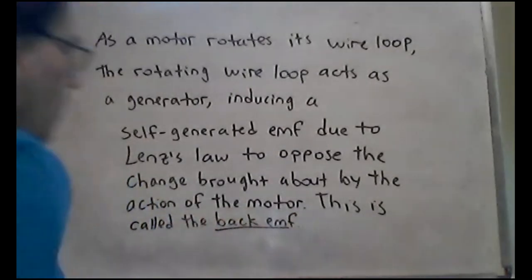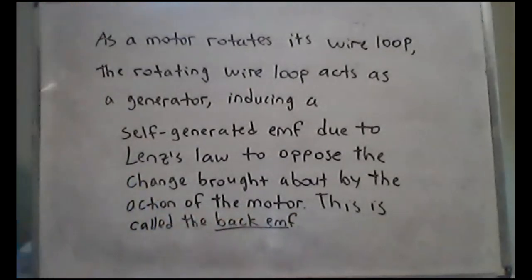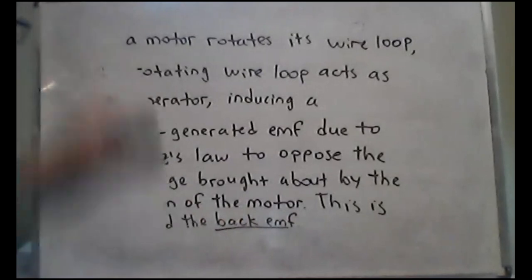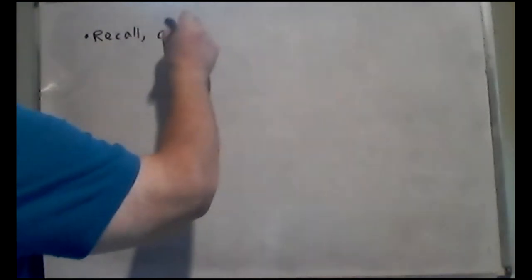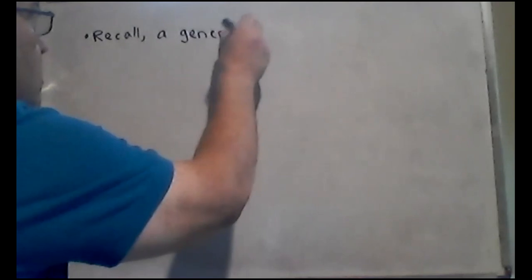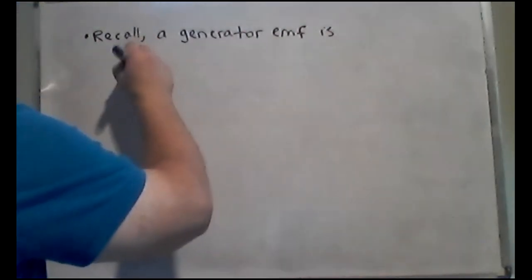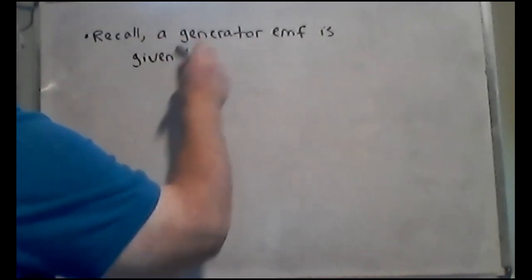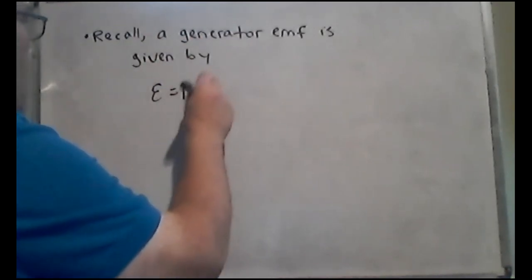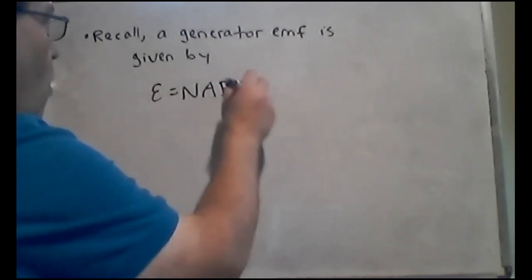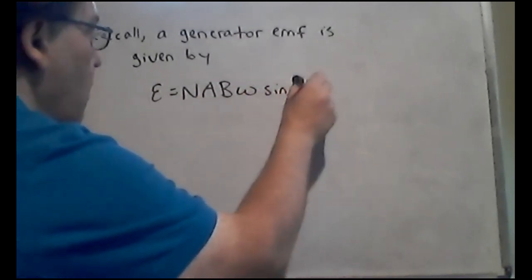Now, what's important here is to remind ourselves of the EMF relationship. Recall a generator EMF, we just talked about this, is given by, again, epsilon is N A B omega sine of omega t.